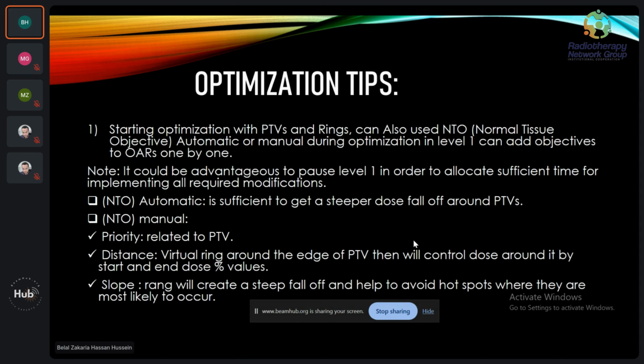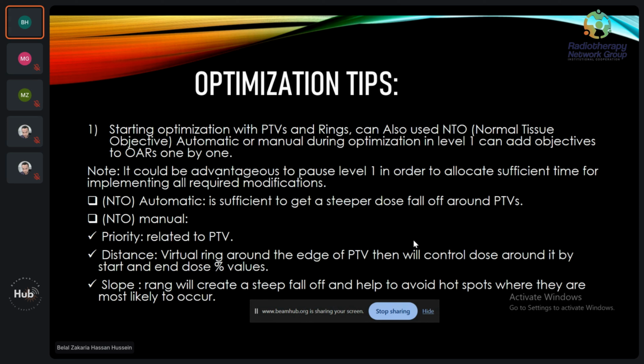Optimization tips. Start the optimization with the BTVs and the rings. I advise if you are not familiar with the nasopharyngeal case and how to make the plan, start your plan with the BTVs and the arcs. You can also use the new option in Eclipse, the normal tissue objective. I will explain this option; it works like Monaco, if Monaco users are here in our presentation.